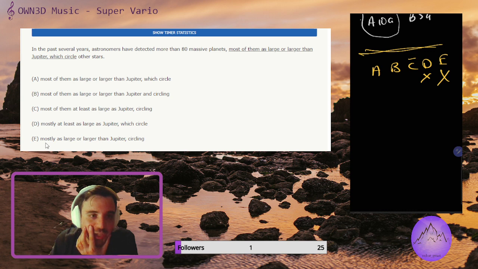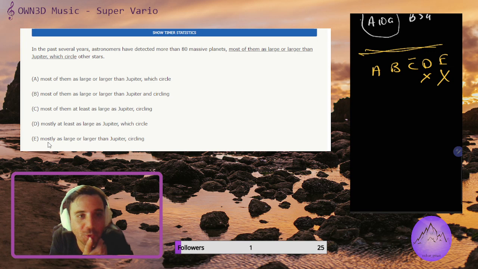Now, this last one, "mostly as large or larger than," I don't really have a hard rule that I feel like that's breaking. It just sounds so terrible. "In the past several years, astronomers have detected more than 80 massive planets, mostly as large."